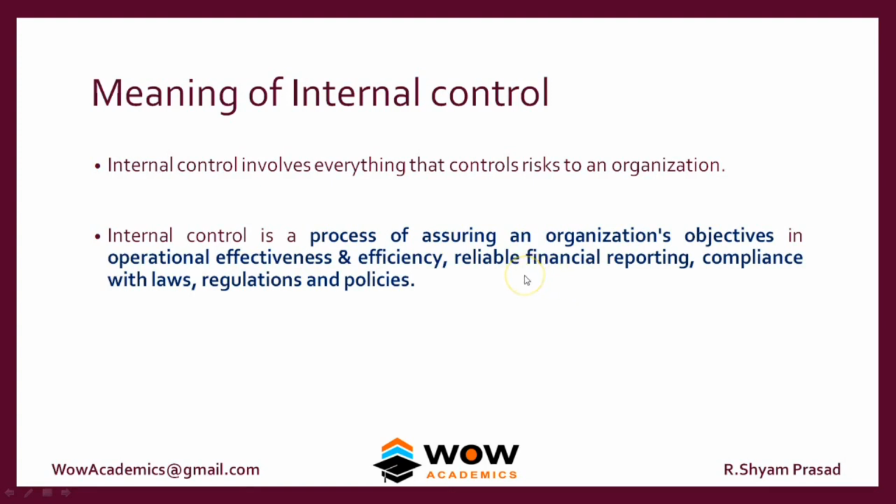So when all records are properly kept, the numbers in your financial reporting are much better. When we have all the records proper, it also helps us in complying with the laws, regulations and policies of the government. So this is where the internal control system helps us.